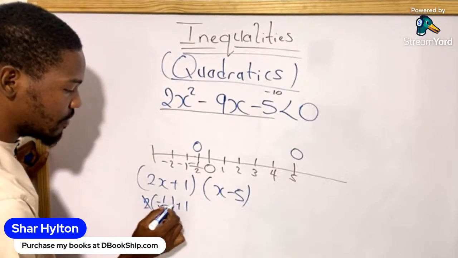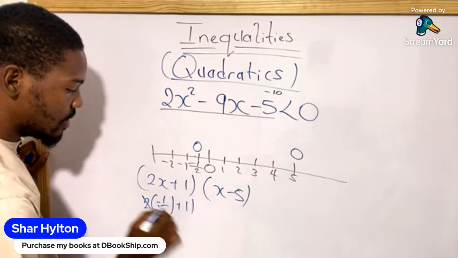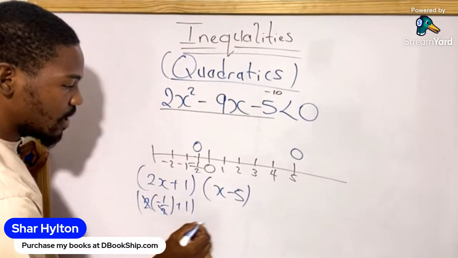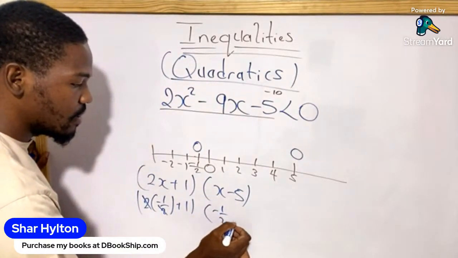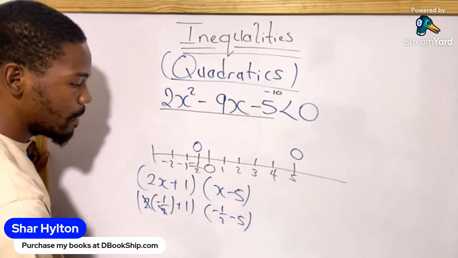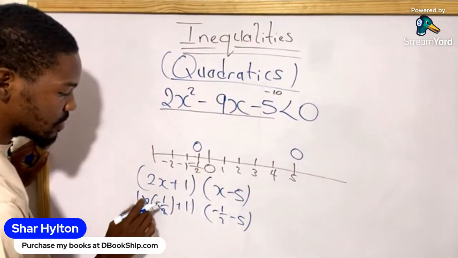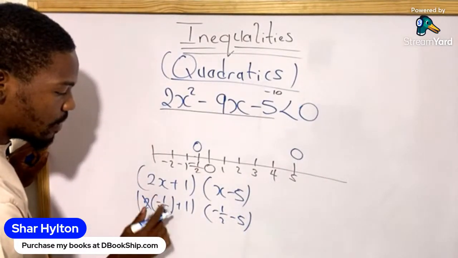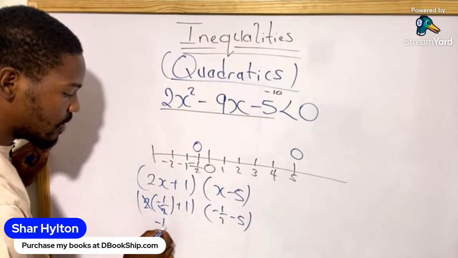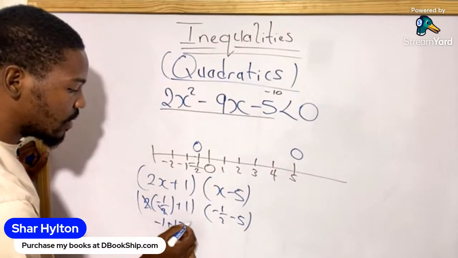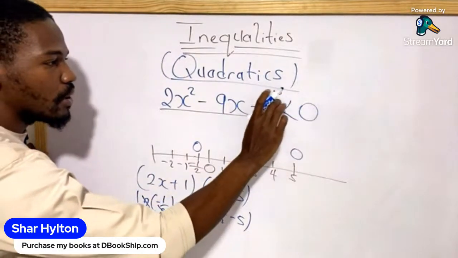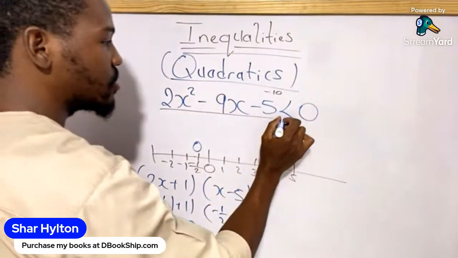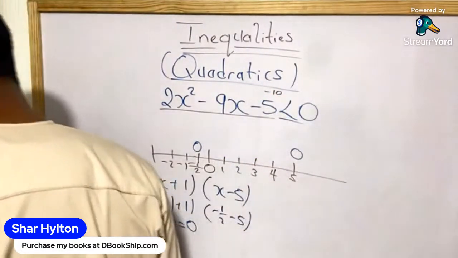So we have negative 1 plus 1 in one bracket, and here we have negative a half minus 5. Irrespective of what this equals, negative 1 plus 1 equals 0. Now we have to see where it should be less than or equal to 0, is it?